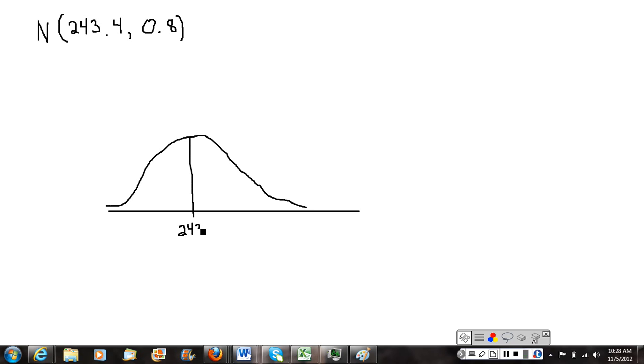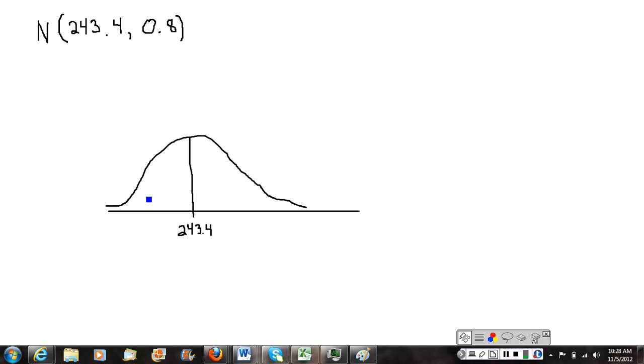243.4. And when we're dealing with numbers like this, with so many decimal digits, you don't always have to go in and label what your standard deviation is, because that's given to you. You've written that somewhere in your picture, so your reader knows, okay, this curve that we're looking at, the standard deviation is 0.8. And now we can fill in the values of interest. This question said, well, what proportion of rods are between 241.9 centimeters and 244.3 centimeters?